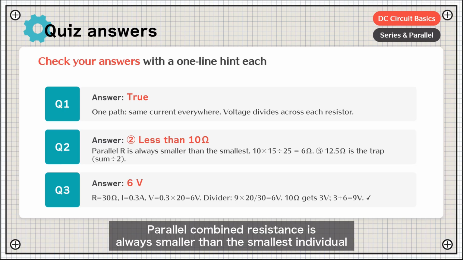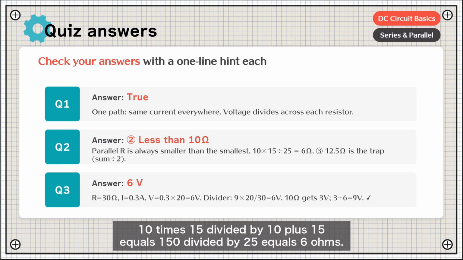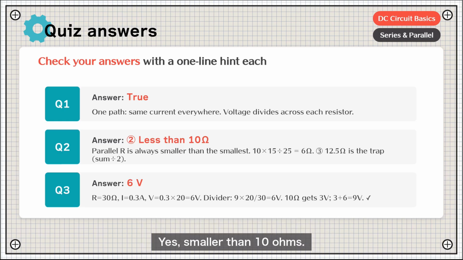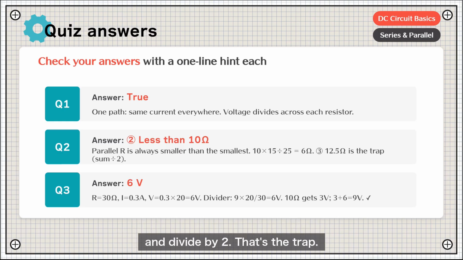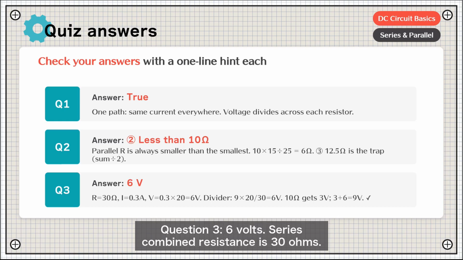Let's verify. 10 times 15 divided by 10 plus 15 equals 150 divided by 25 equals 6 ohms. Yes, smaller than 10 ohms. Choice 3, 12.5 ohms, is the result you get if you wrongly add the two values and divide by 2. That's the trap.